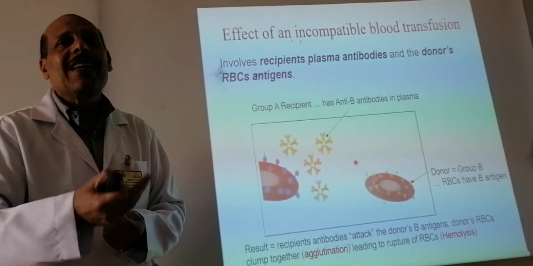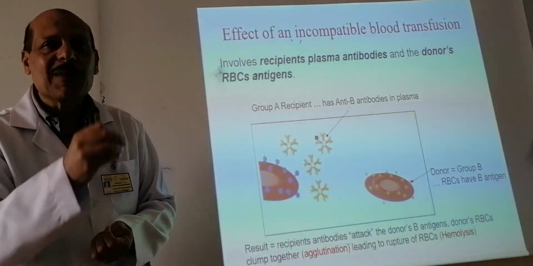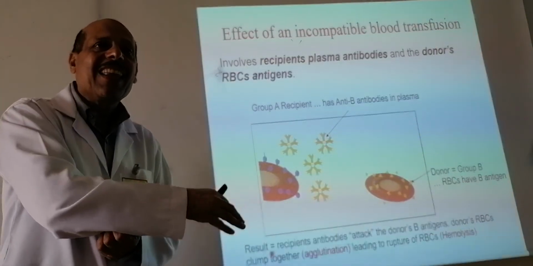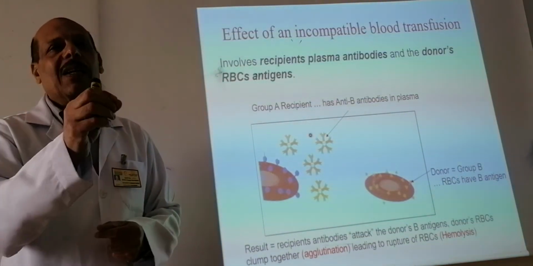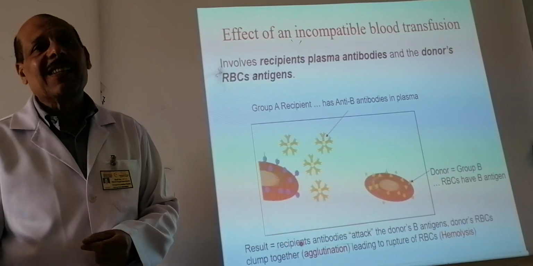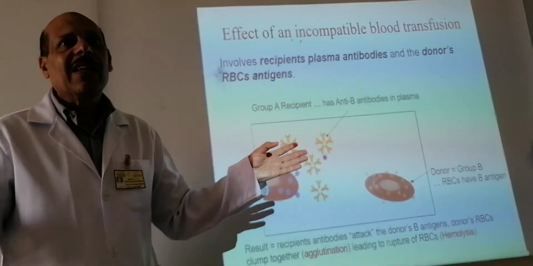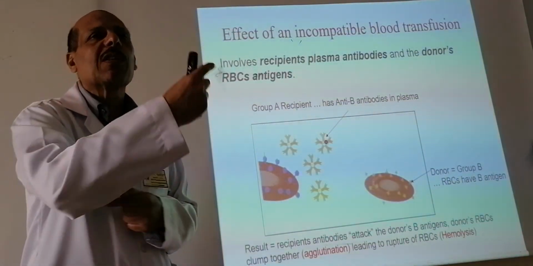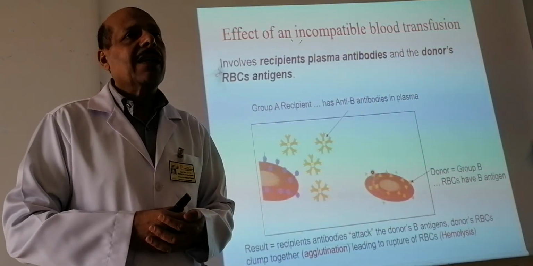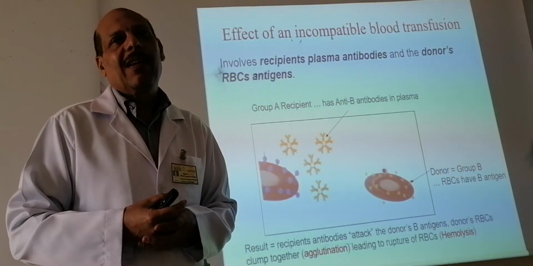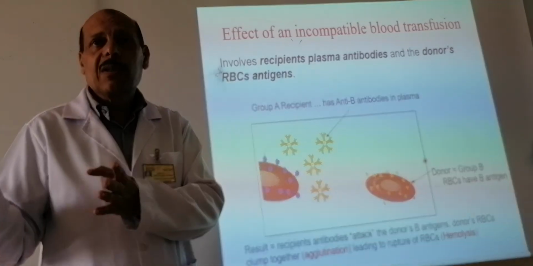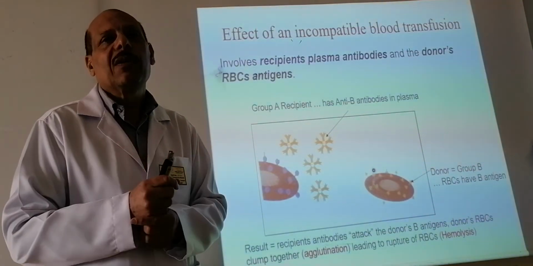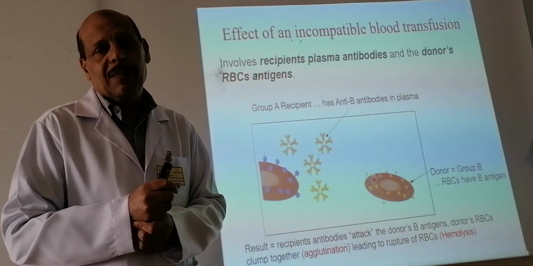Why? Because the antibodies in his body will attack the blood cells that we gave to him, and it will lead to rupture of those blood cells and hemolysis, and a long reaction will happen to that client. It might be fatal if he got a large amount of blood.